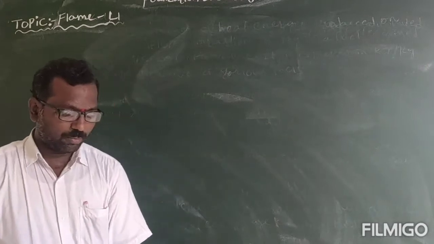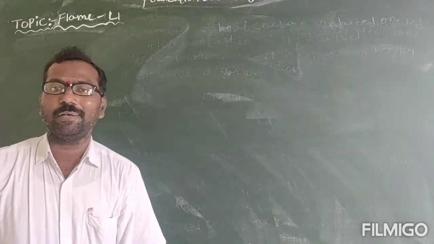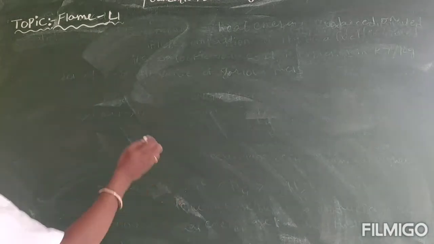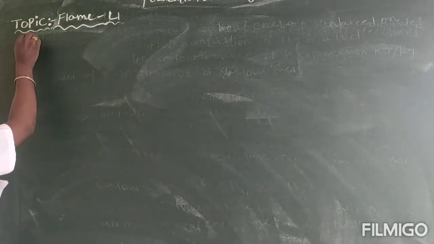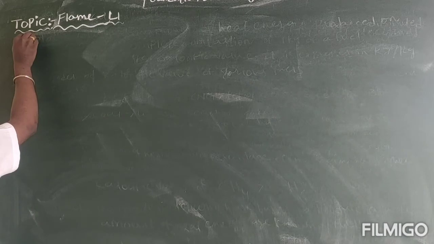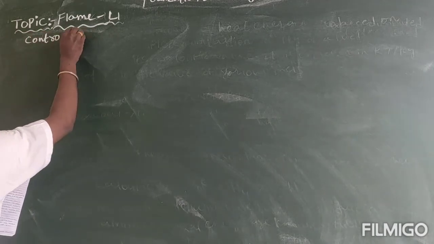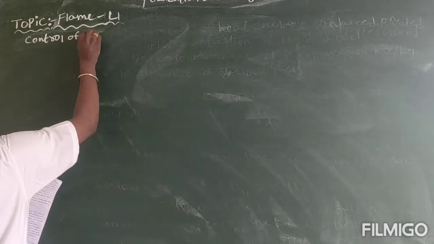In the previous discussion we covered how to control fire and what is firefighting. I explained it, but I have not given notes yet. So now we will have the notes for control of fire.